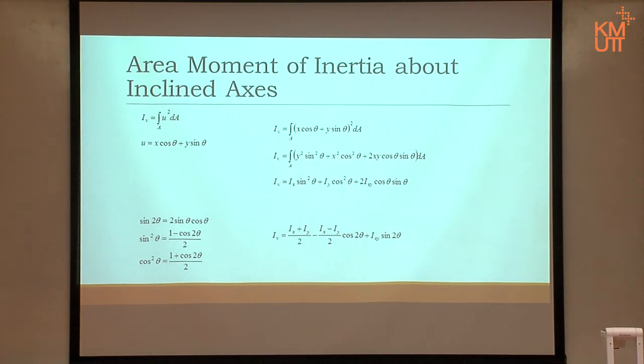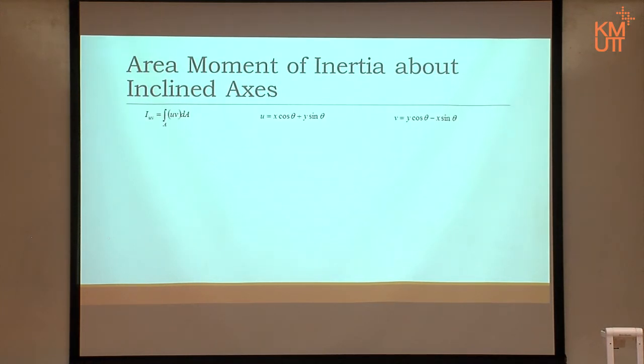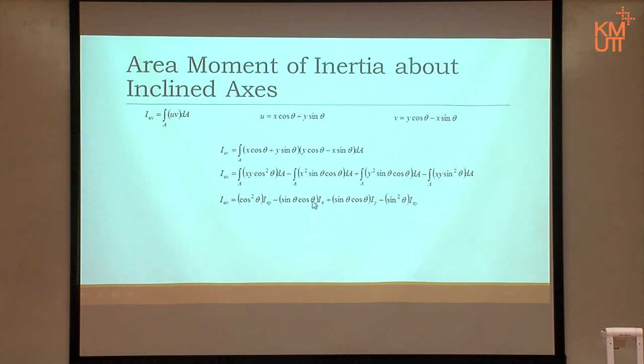IUV is probably not much different either. This is the definition for IUV, this is the expression for U, and this is the expression for V. Substitute them in, then expand the term.